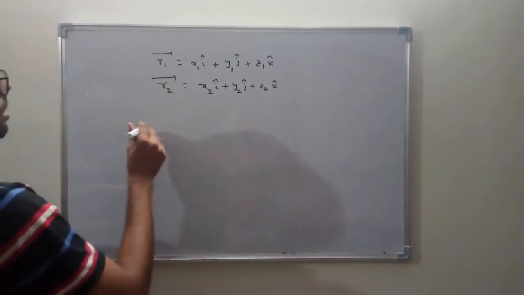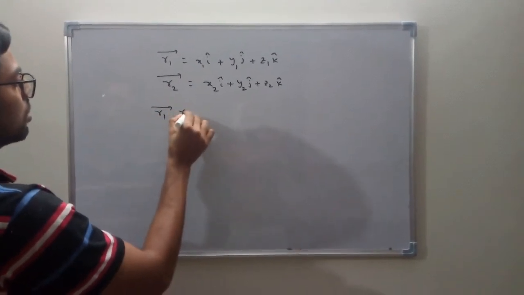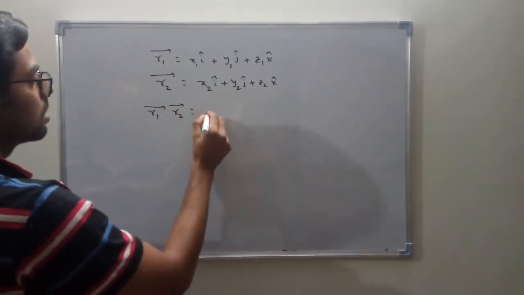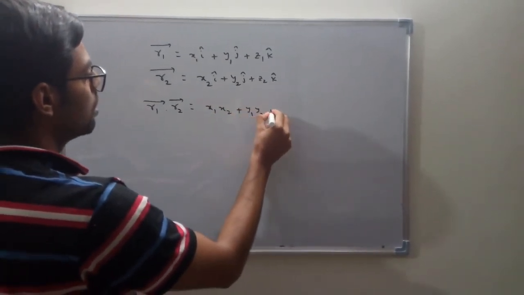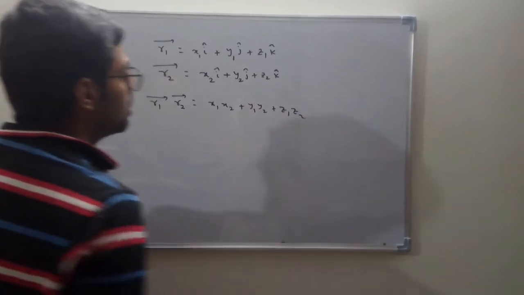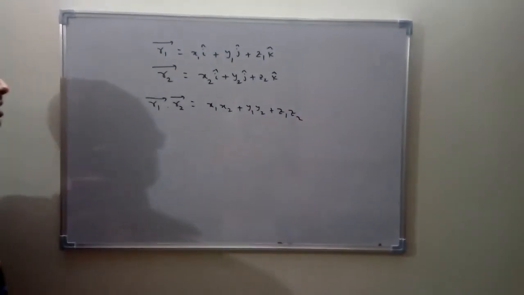If you have to find the dot product between r1 and r2, we have r1 dot r2 equal to x1 x2 plus y1 y2 plus z1 z2.